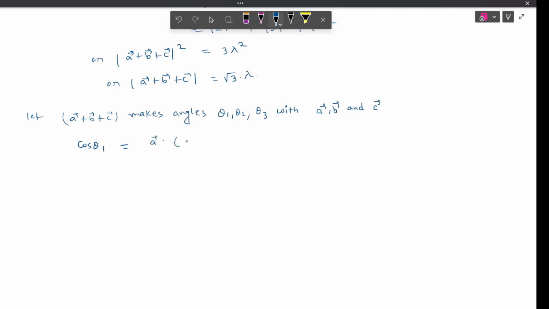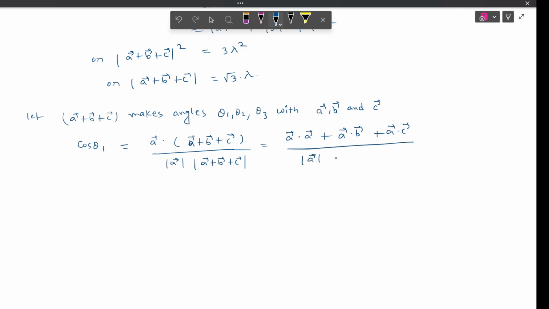So a dot a plus b plus c, divided by modulus of a into modulus of a plus b plus c. So if we multiply, it will be a dot a plus a dot b plus a dot c divided by modulus of a vector plus b vector plus c vector.